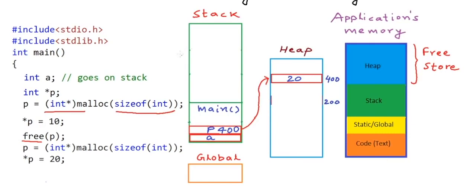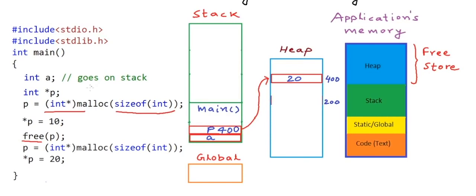So if you see, in terms of the scope of the variable, anything allocated on the heap is not automatically deallocated when the function completes, like on the stack, and it does not need to live for the whole lifetime of the application like a global variable. We can control when to free anything on the heap, when to deallocate anything on the heap.